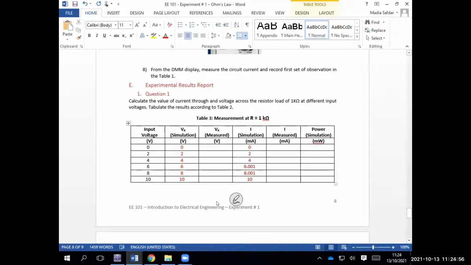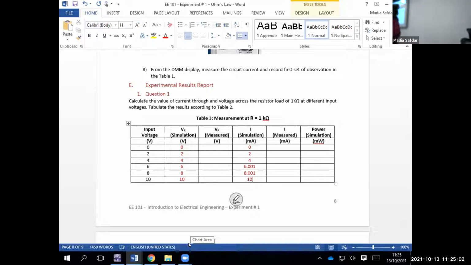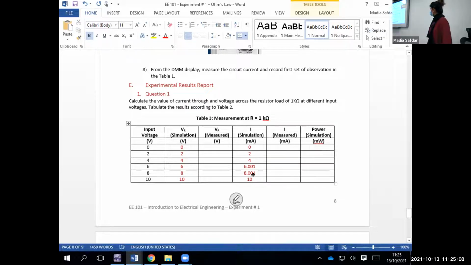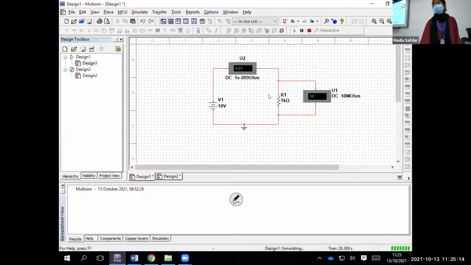All the other values are already in milliampere. Only here I got 0.01 ampere, so shift the decimal and make it milliampere. Okay, it's working for you.